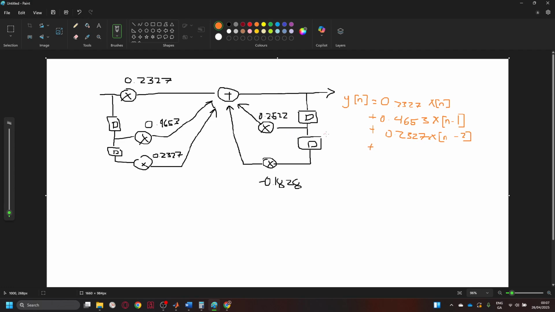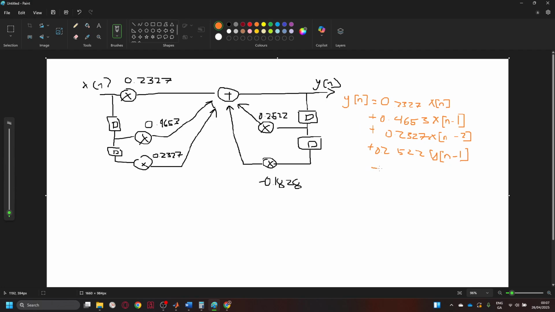Then for the y, here we have x[n] and y[n], plus 0.2522 times y of n minus 1, because the y of n is already here.